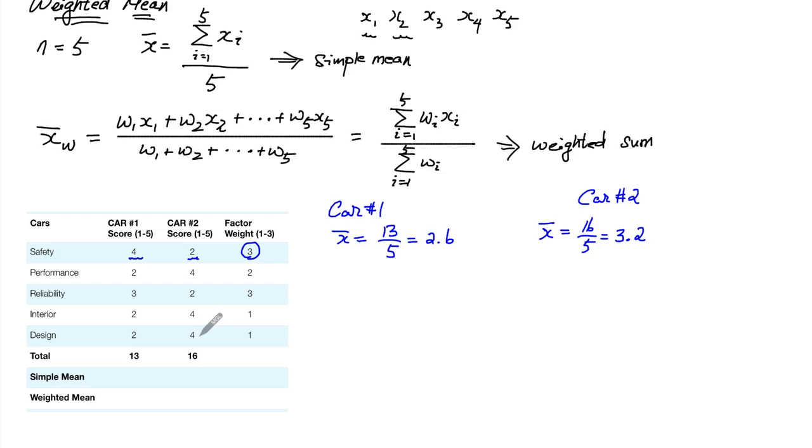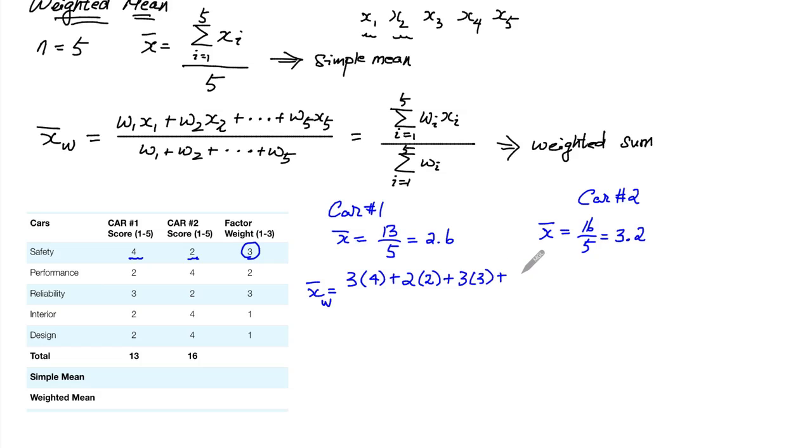So why don't we calculate a weighted mean for car number 1? The weighted mean for car number 1, we'll put a w there to denote that it's a weighted mean, will be the weight factor associated with safety, which is equal to 3, times the safety score, 4, plus the factor weight for performance times the score for car number 1, plus 3 times 3.